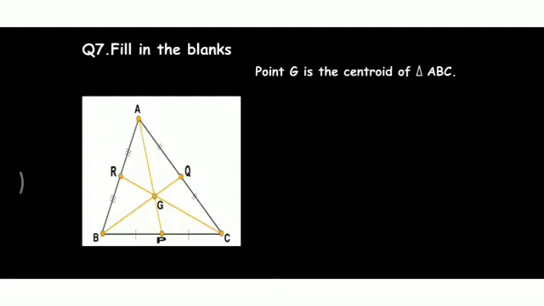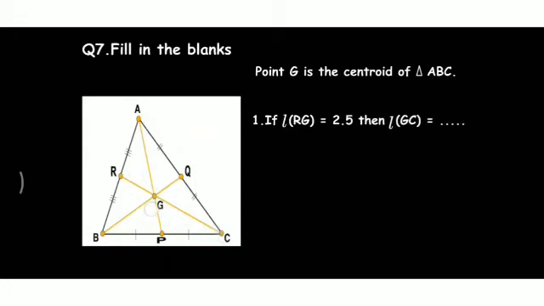So which is the first question? We will see. Here, if length of RG is 2.5, then length of CG will be. So length of RG is given and length of CG we have to find.